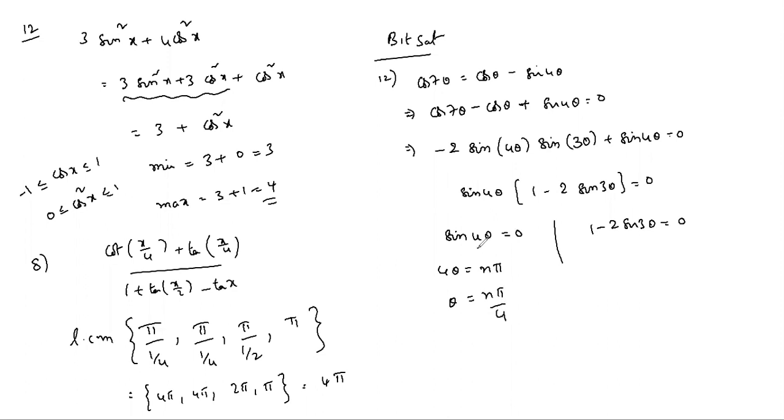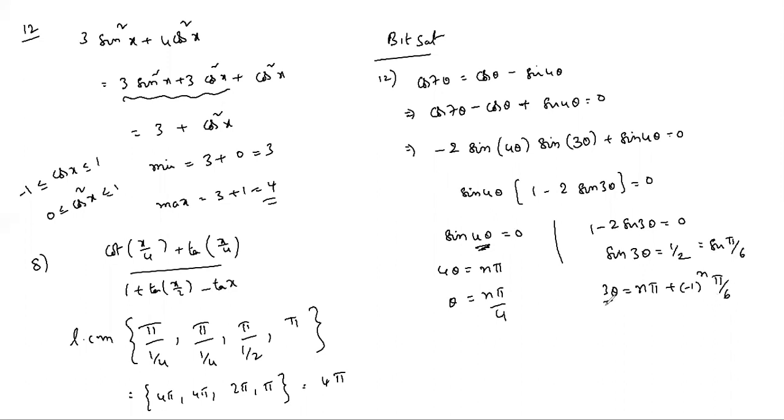First you have to write for 4 theta, next you have to divide by 4. Similarly here, sin 3 theta equals 1 by 2. For the general solution of 1 by 2, you have to write sin pi by 6. Sin theta equals sin alpha gives n pi plus minus 1 whole power n into alpha.